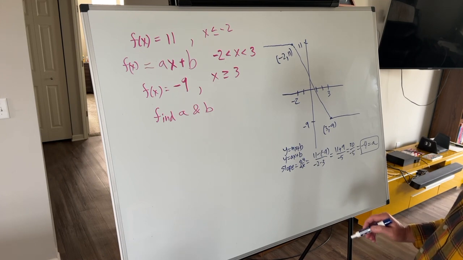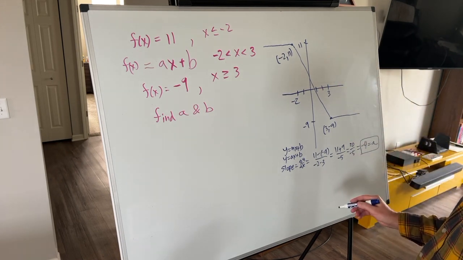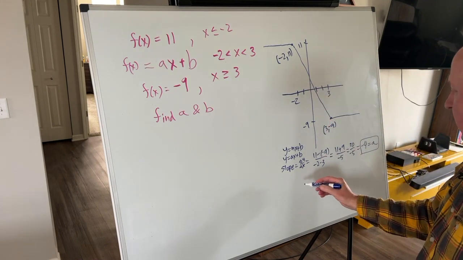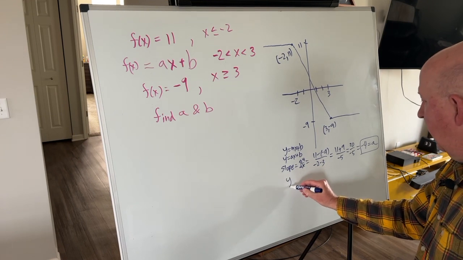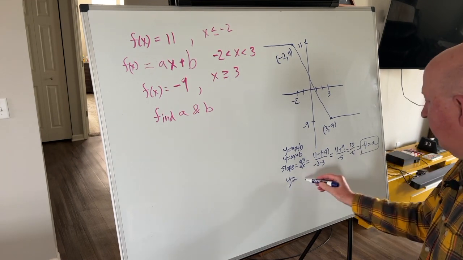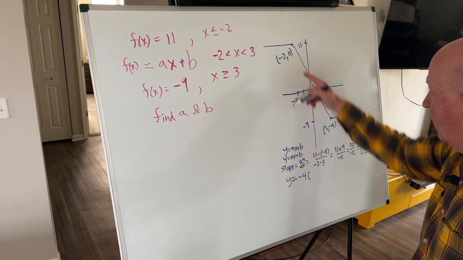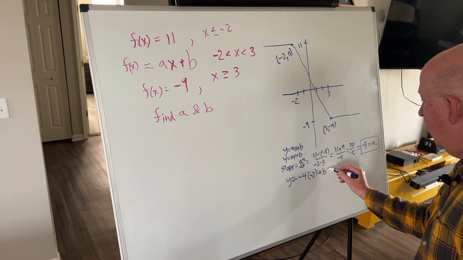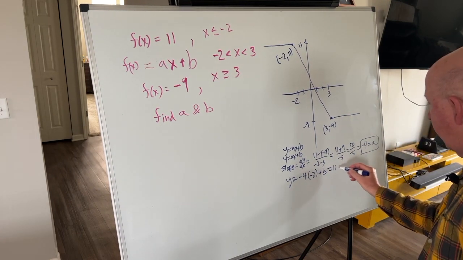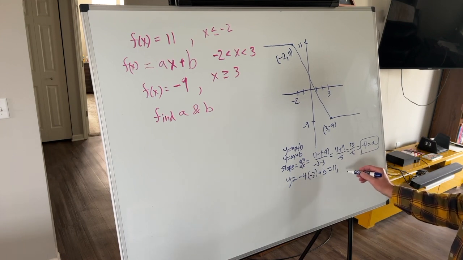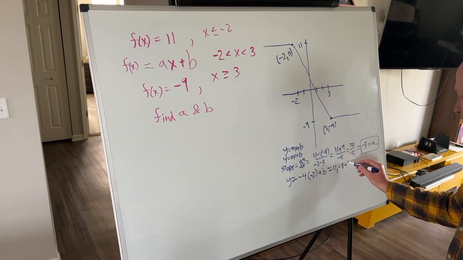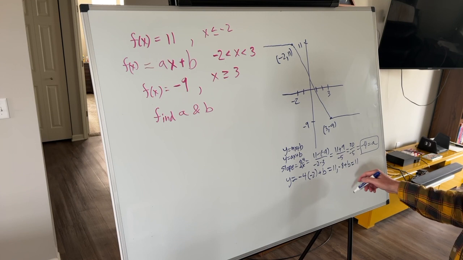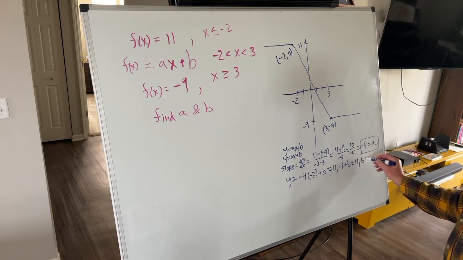Then you can use either of these two points to plug it back in. I'm going to use the first one. So y equals a, which is negative 4, times negative 2 plus b equals 11. So negative 8 plus b equals 11. I add 8 on both sides, and I get b equals 3.